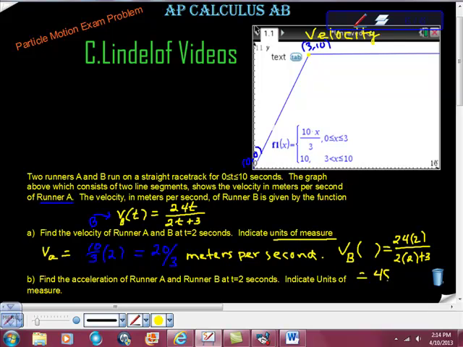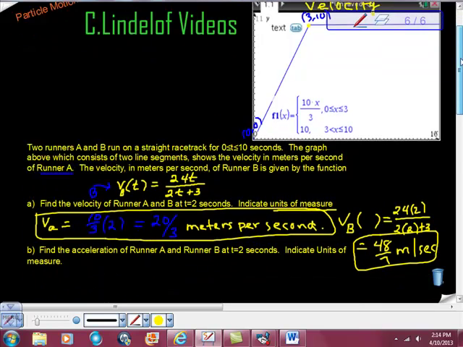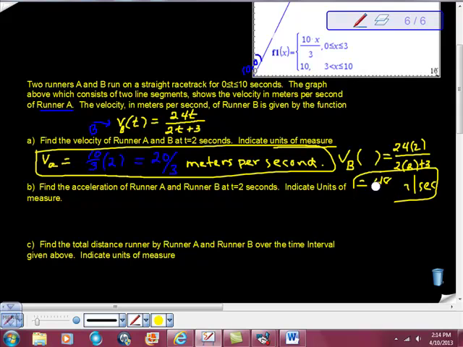So 48 sevenths meters per second. There's that one, and there's this one, right? I'm not giving myself enough room, I apologize, but hopefully you can see this. So I'm going to go on to the next part of the problem here.